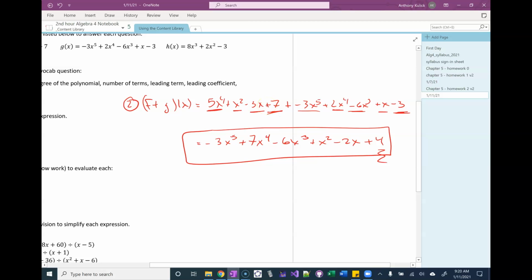No x's on any of those. So this x right here is not being multiplied by x. That's function notation. So like, you know how we write f of x equals or whatever? That's that x. So it's not being multiplied by x. Yeah. Okay.